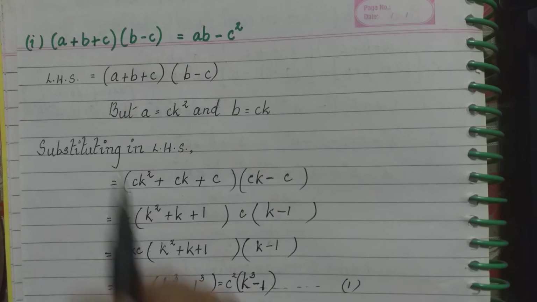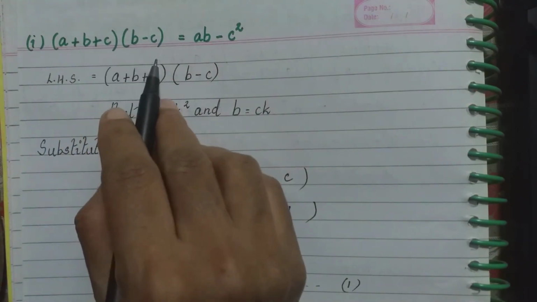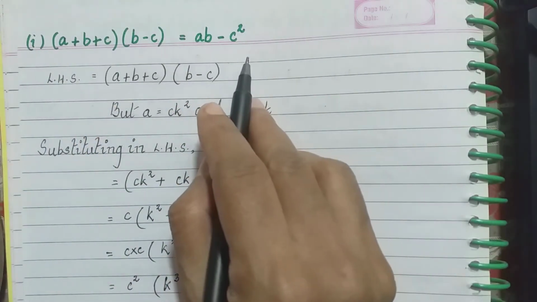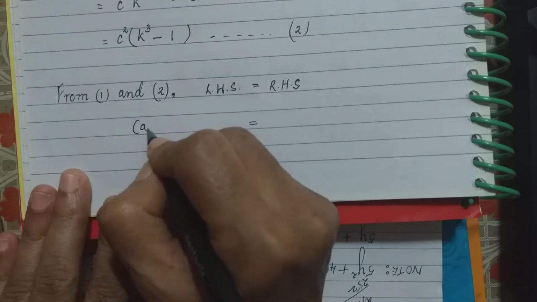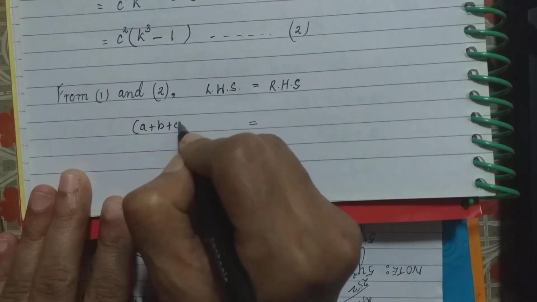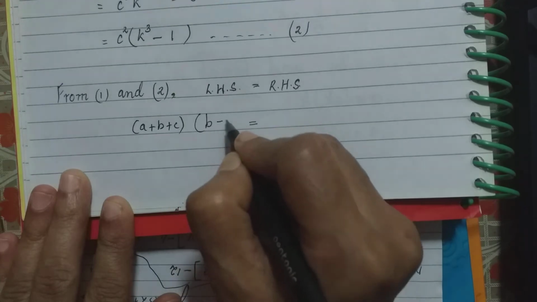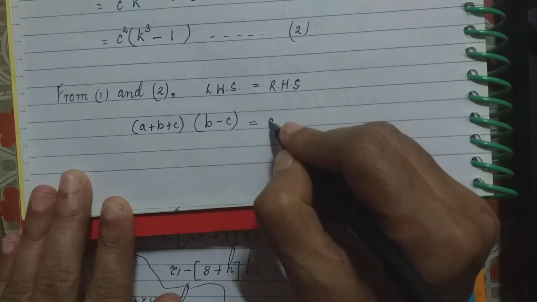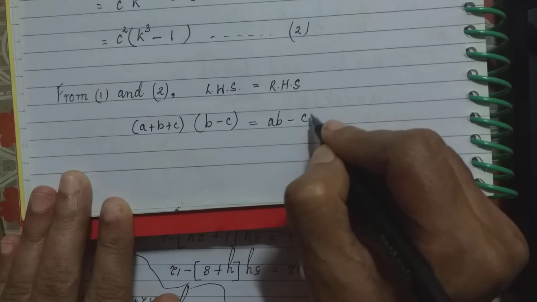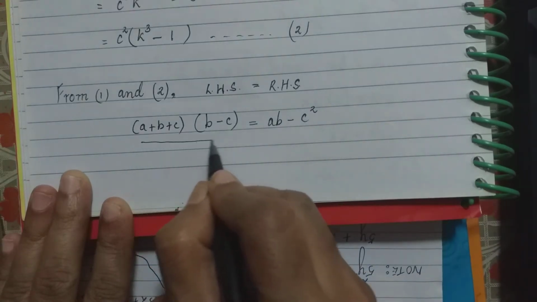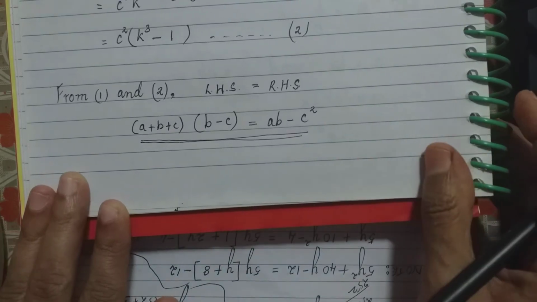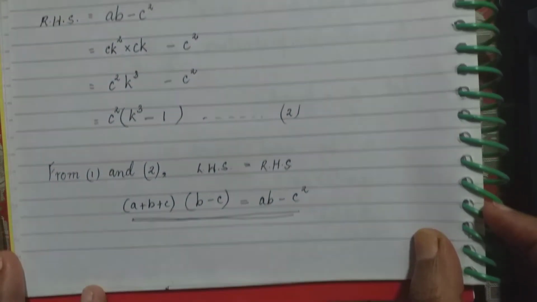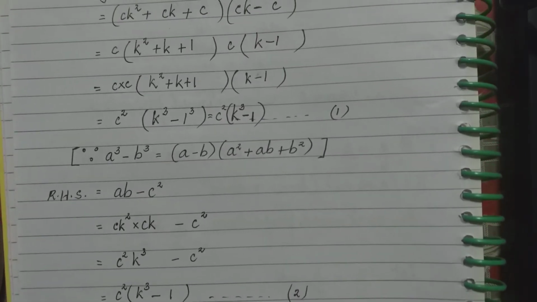In the question we have a plus b plus c into b minus c equal to ab minus c square. So we write now here a plus b plus c into b minus c is equal to ab minus c square. Similarly, when we go to the second and third sub question, we will substitute for a and b and see how we proceed.